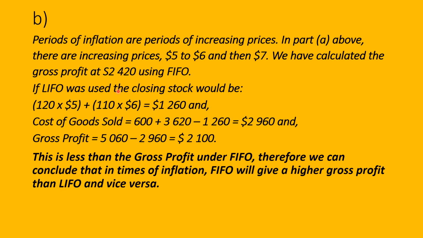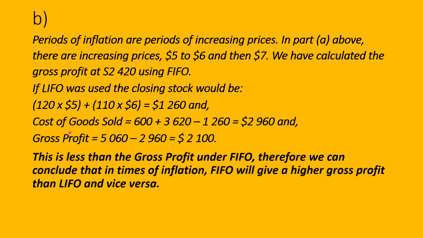If LIFO was used, the closing stock would be 120 by 5 plus 110 by 6, which is equal to 1260. In other words, the closing stock of 230 units would be taken at the earlier prices for LIFO, and you would get 1260.